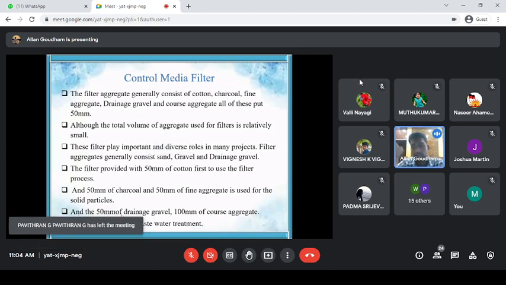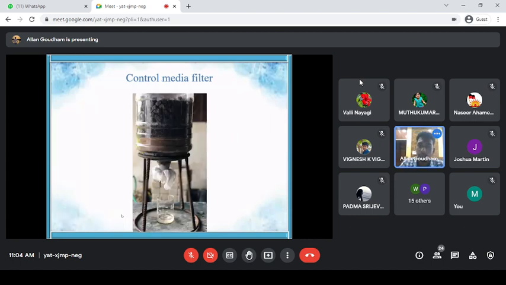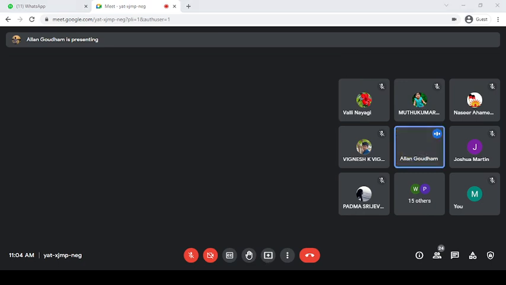Other parts we use at 50 mm. Now this is a pictorial representation of our control media filter. From the bottom you can see that we have kept cotton, then charcoal, then fine aggregate, that is sand, then separation gravel, then drainage gravel for 100 mm.